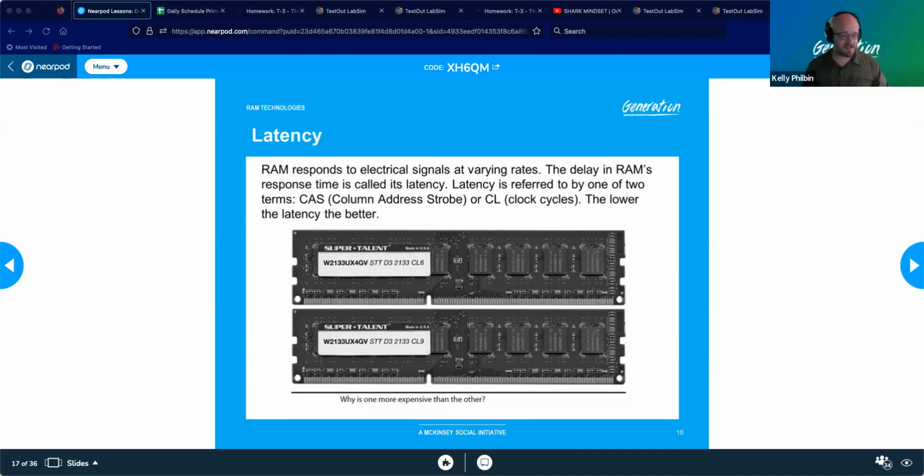All right. The CL6. Takia, can you tell me which of these would be faster? Upper or the lower? Which one would be faster? I'm trying to see which of these memory modules would operate faster.